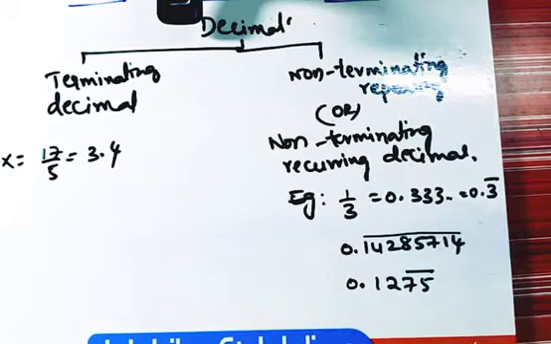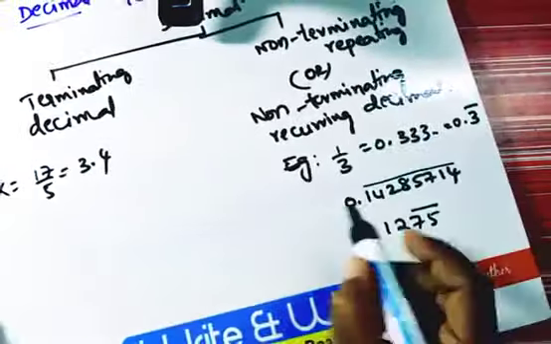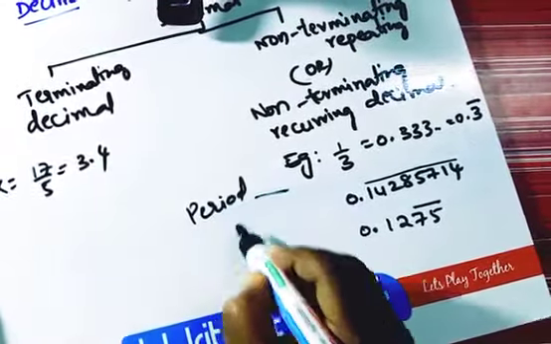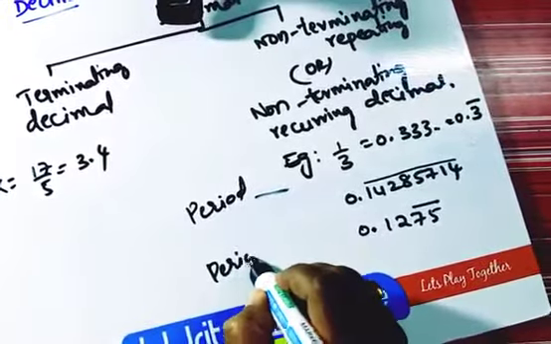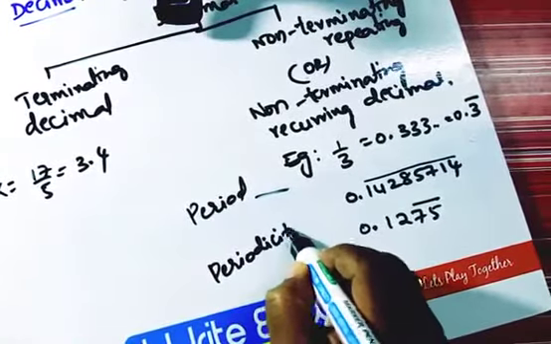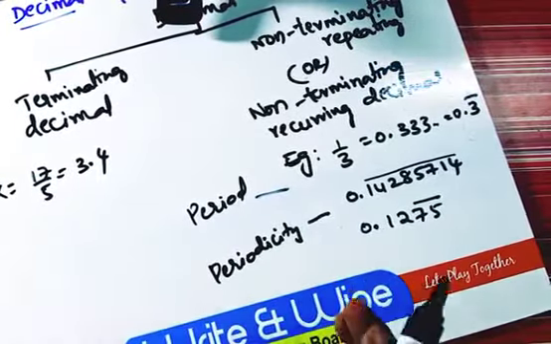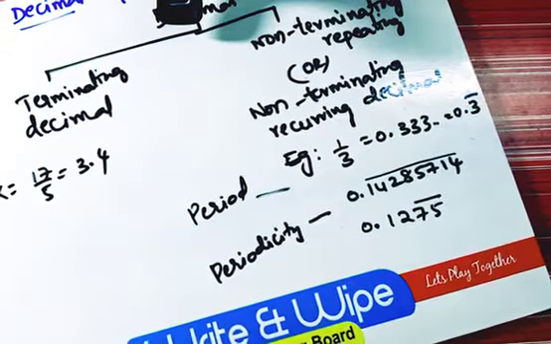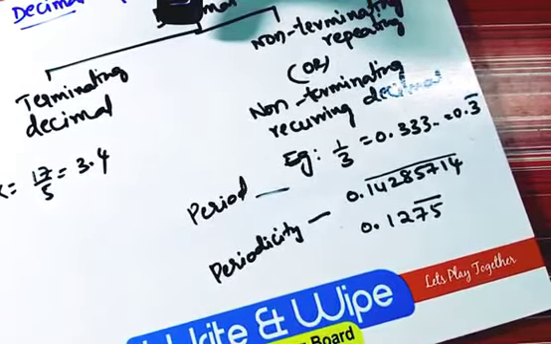Here we are going to learn two terms, period and periodicity. These two terms we are going to learn for non-terminating repeating decimals. Period means the set of digits which repeats in the non-terminating recurring decimal part.